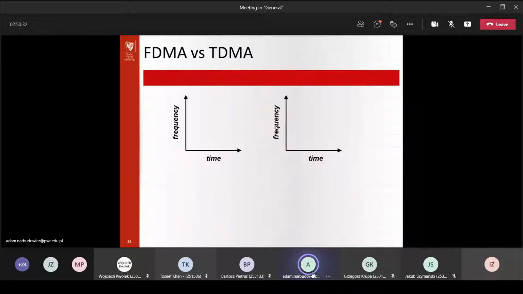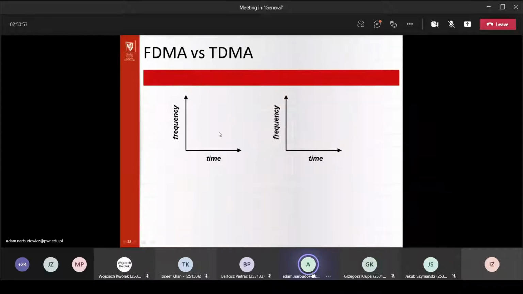So what we can do, where we have two different axes here: one is time, the other is frequency. It should be quite clear that if you have a separation in time between two different signals, they shouldn't overlap with each other.